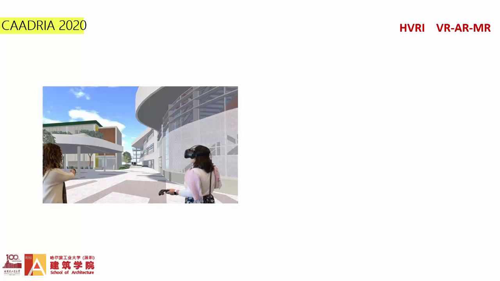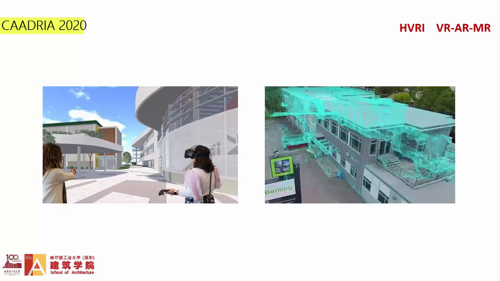If we look at human VR interaction in architectural design, right now in VR you can use a headset with a controller to see design models, move around, and experience them. In AR, you can superimpose the virtual models onto the real environment.